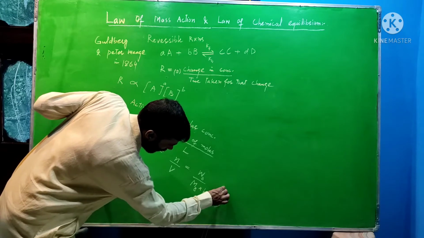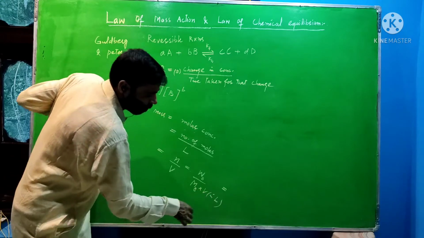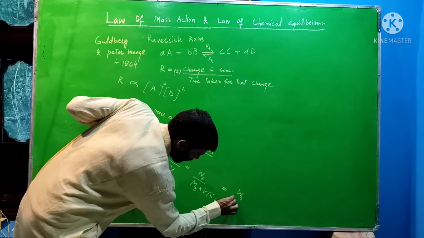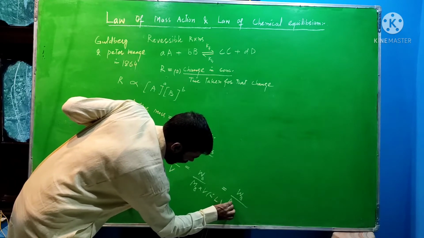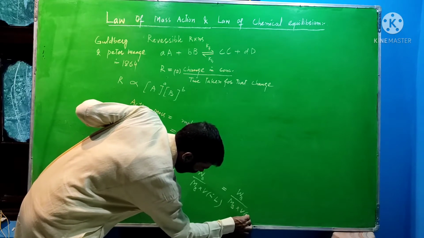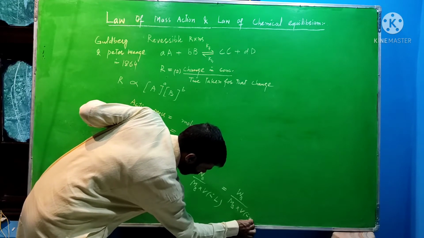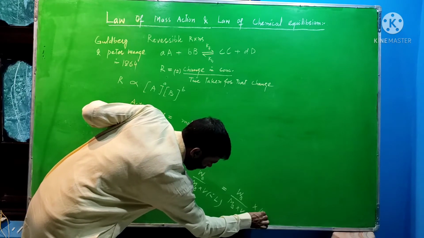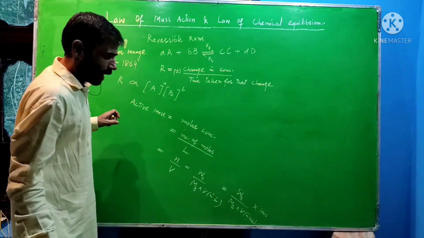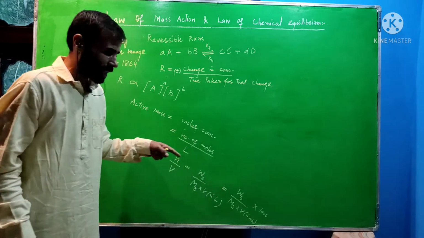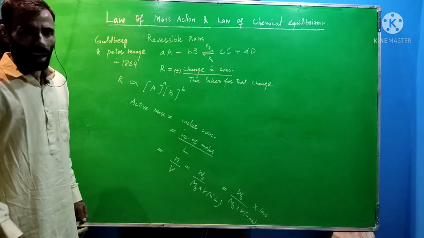If I take the volume in milliliters, this term will be WB divided by MB, then V in mL, and I multiply this by 1000. So this is the molar concentration, the molarity of the substance. This we call active mass.